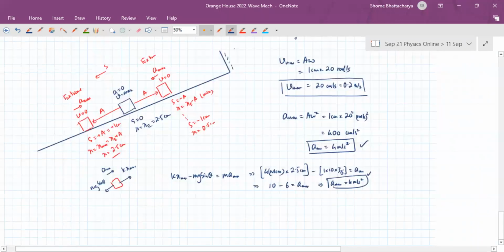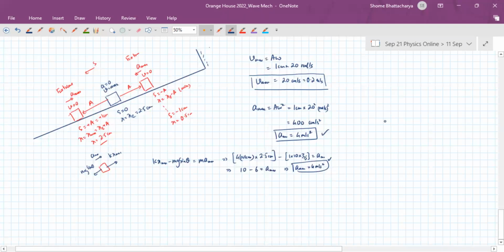Anyhow, more important than this is that at any point of time, if your equivalent spring is at an extension of x, then actually your combination of springs would individually be, this was K1 and this was K2.